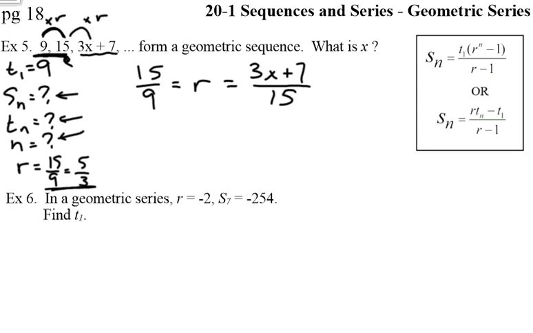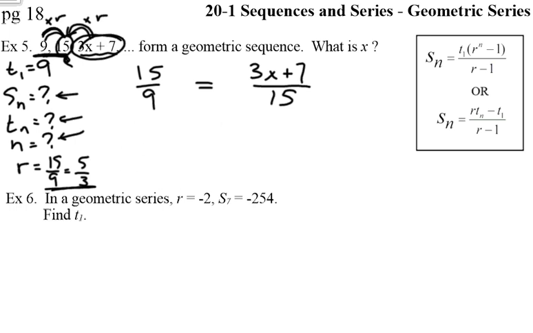So term 2 divided by term 1 will give us R, which we should also get by term 3 divided by term 2. Since those two give the same value, look at that. I've set up a proportion. I just have to cross multiply. Because this is R, so they're equal.